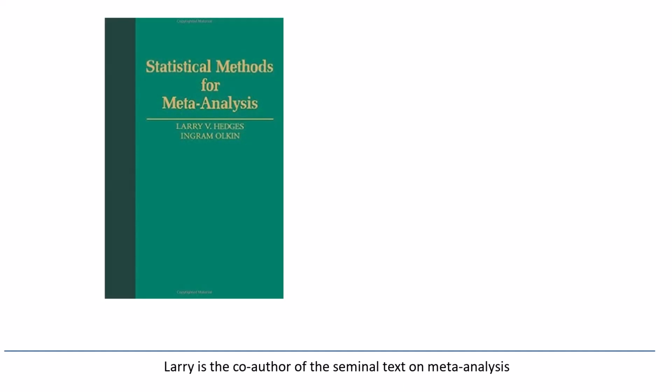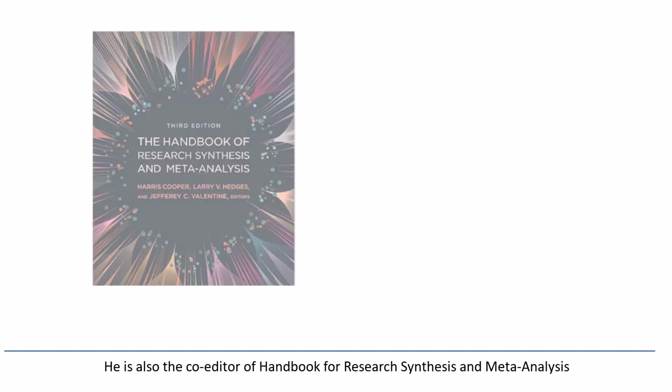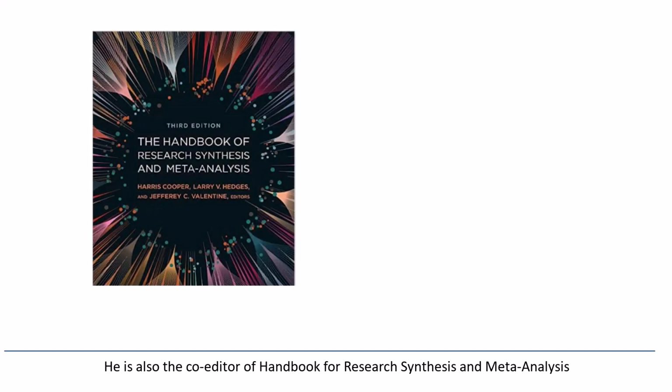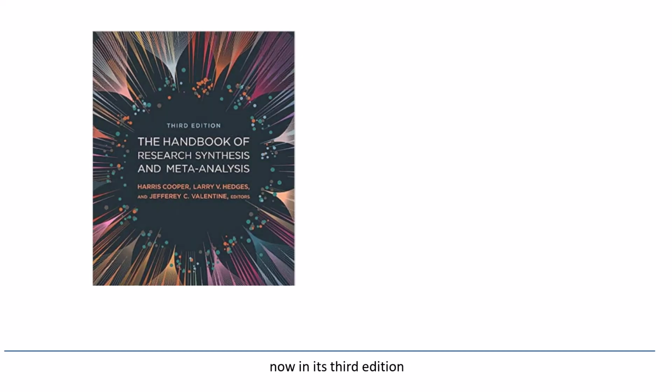Larry is the co-author of the seminal text on meta-analysis, Statistical Methods for Meta-Analysis, published in 1985. He is also the co-editor of the Handbook for Research Synthesis and Meta-Analysis, now in its third edition.